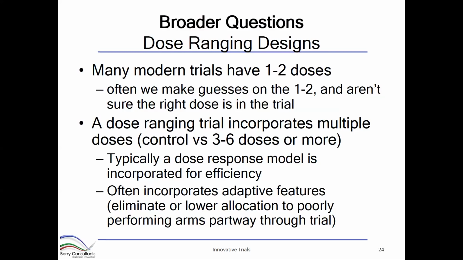And usually we incorporate some kind of adaptive features in this, which as the trial continues, it focuses, it eliminates allocation to poorly performing doses, and it increases allocation to doses that are performing well. The net result of all this is to try to get extra doses in the trial at minimal cost.